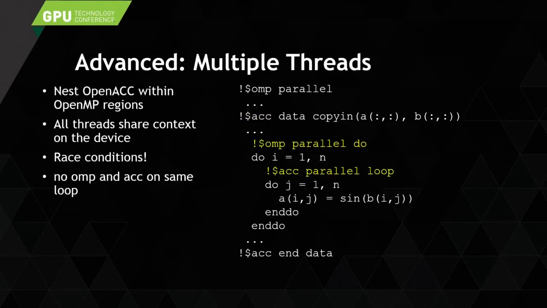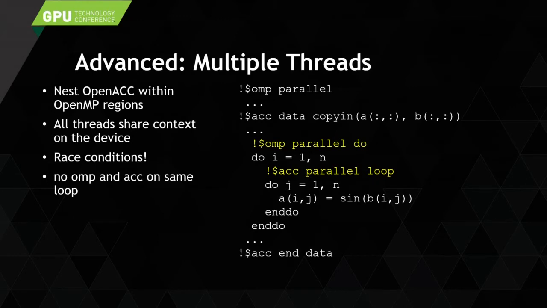Multiple threads. So this is multiple OpenMP threads. Does OpenACC work in an environment where you have OpenACC inside OpenMP threads? Yes. Now here I am talking about the PGI implementation. This is not specified, I believe, in the OpenACC spec. But the way we've implemented this, I can have parallel do and then ACC parallel loop inside that. So what happens is I've got multiple threads.